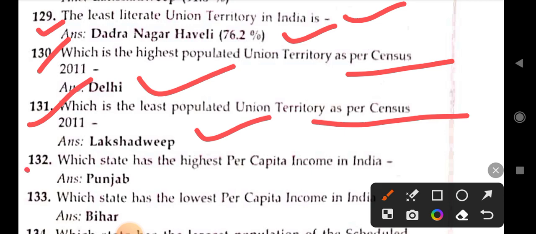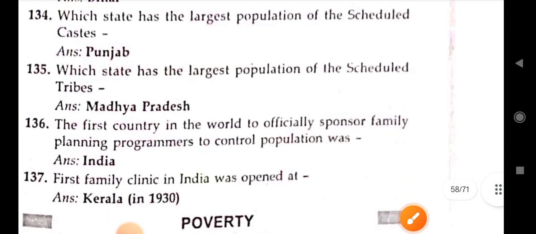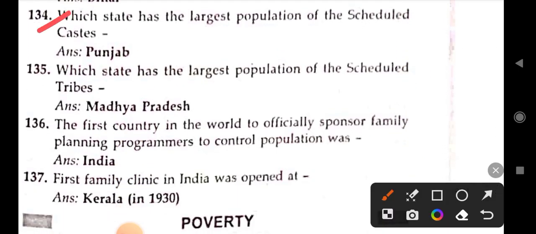Which is the least populated union territory as per census 2011? Lakshadweep. Which state has the highest per capita income in India? Punjab. Which state has the lowest per capita income in India? Bihar. Next, which state has the largest population of scheduled castes? Punjab. Which state has the largest population of scheduled tribes?